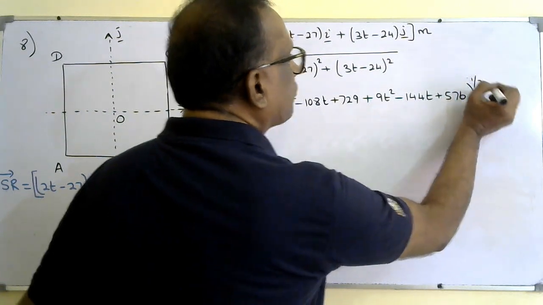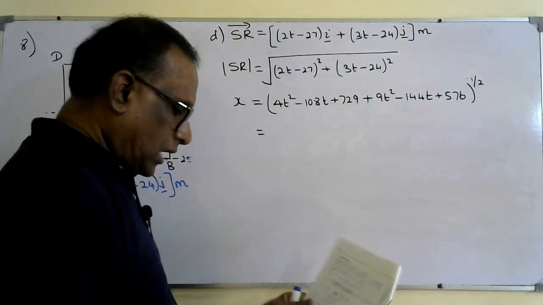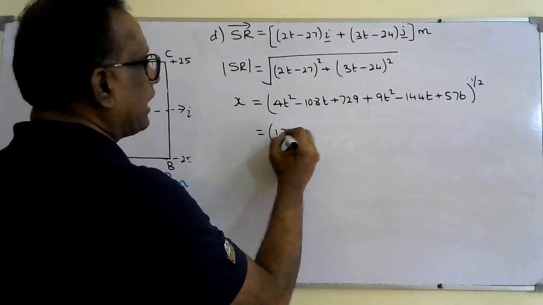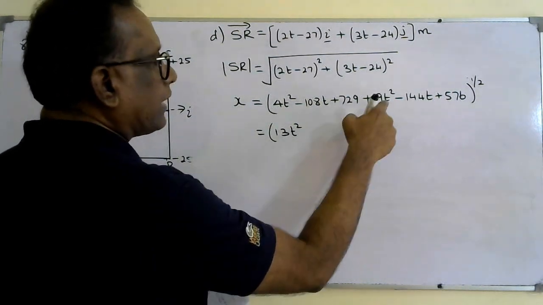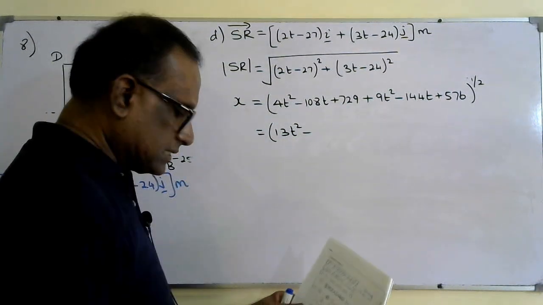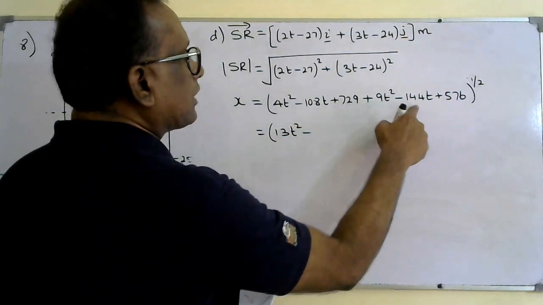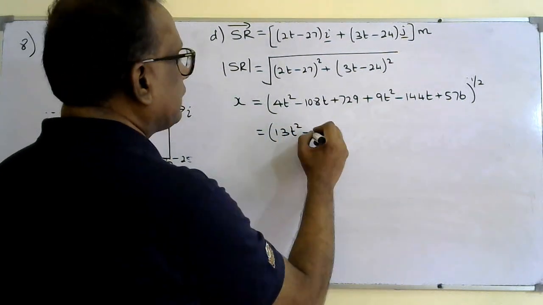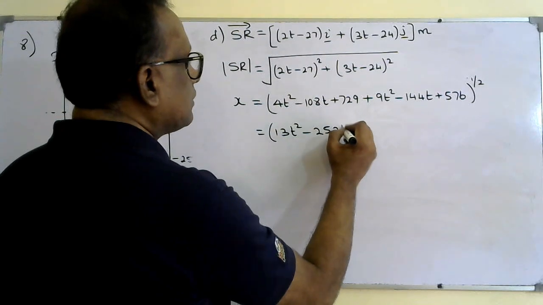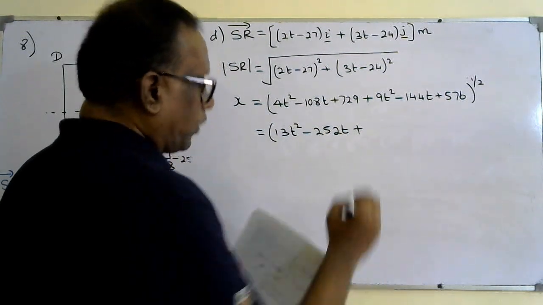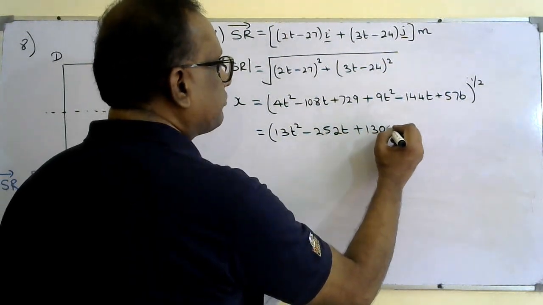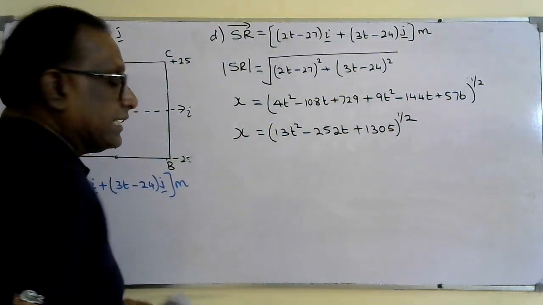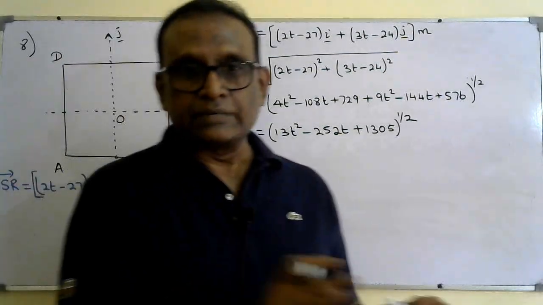So it's going to be 13t squared minus 252t plus 1305, to the power of half. That is the distance between S and R in terms of time.